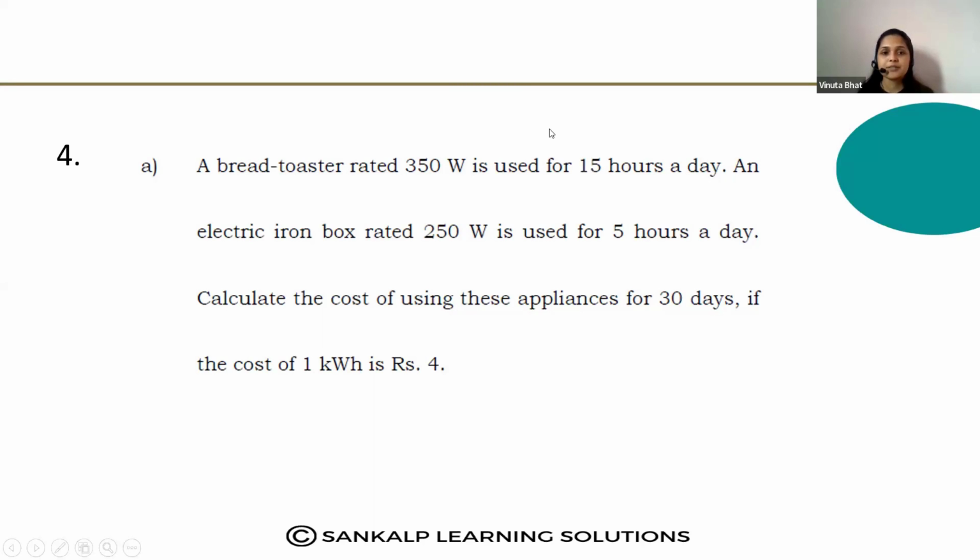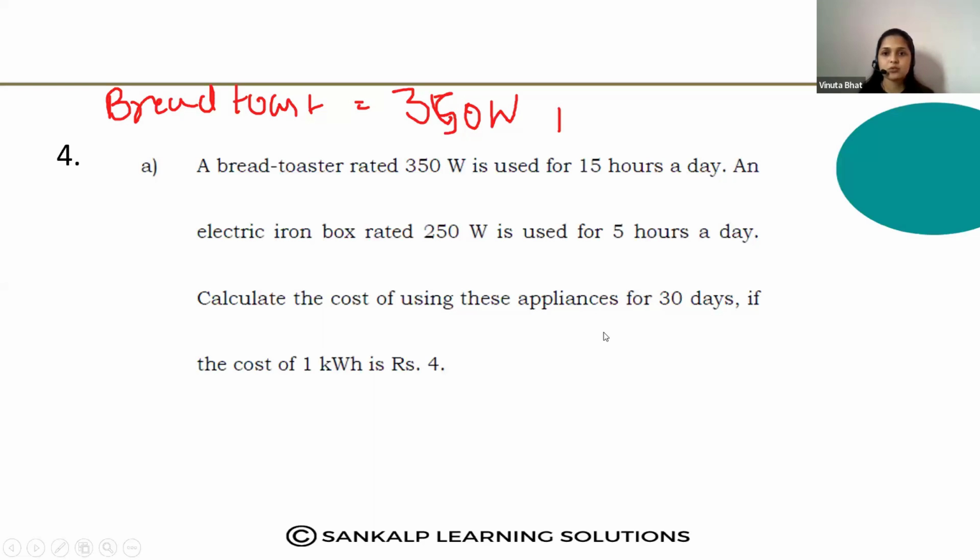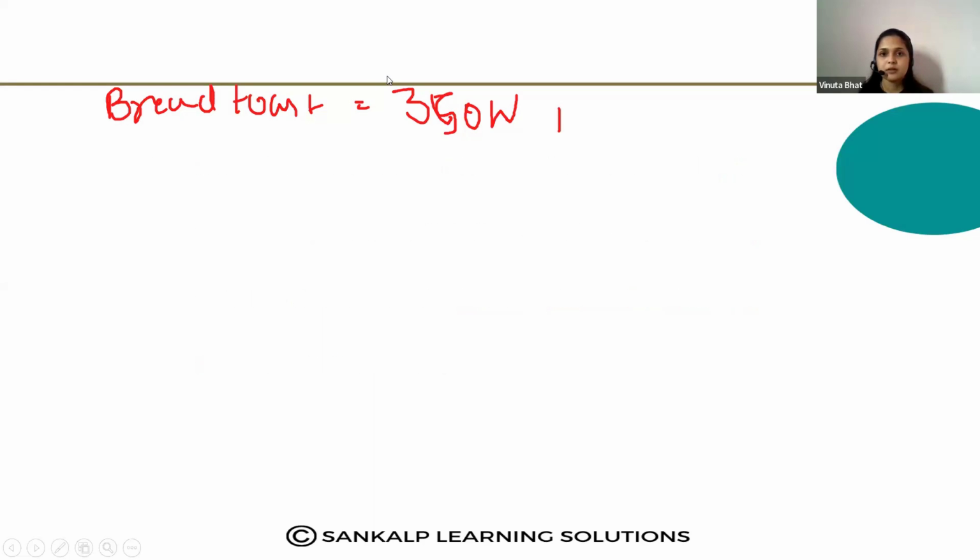Okay, let us write down the given data. Bread toaster rated, what is the power of the bread toaster? That is 350 watt power. How many hours in a day is it used? It is used up to 15 hours in a day. T is equal to 15 hours.